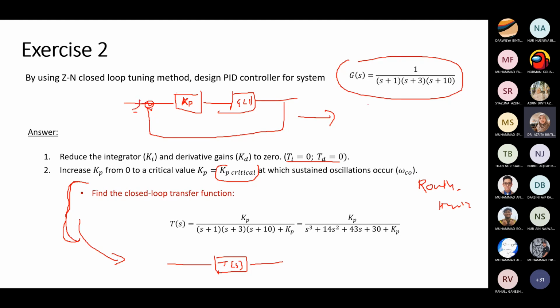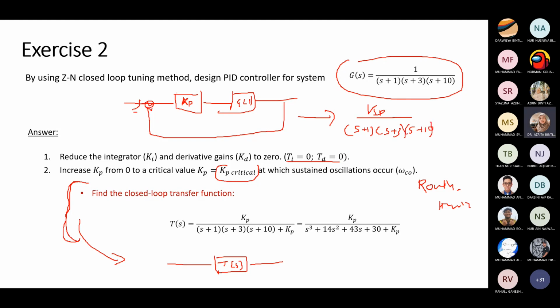You just write the forward transfer function. The forward transfer function must include the KP also. So we have here KP over (s plus 1)(s plus 3)(s plus 10).